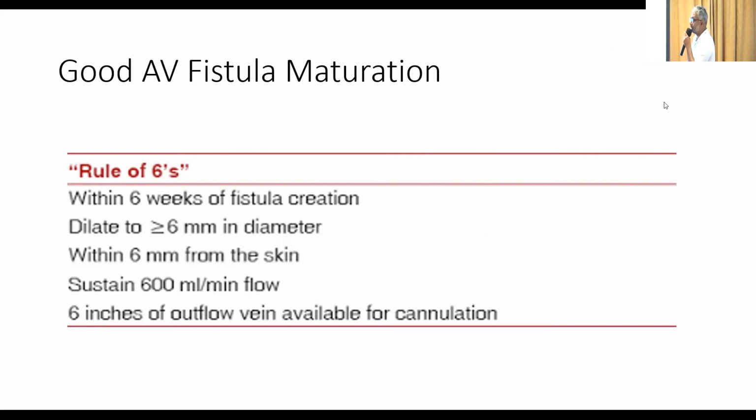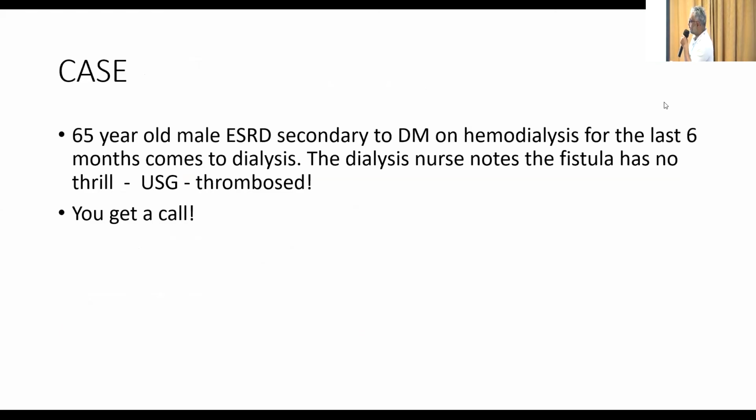It is within 6 millimeters from the skin. That's a good fistula, and it can sustain at least 600 mils per minute of blood flow. That's a good fistula. And a fistula which has at least 6 inches of outflow vein. That's very difficult to get, 6 inches of outflow vein. Some patients get it. So if that's the case, then your needles are far apart. You have less recirculation. So that's a good fistula.